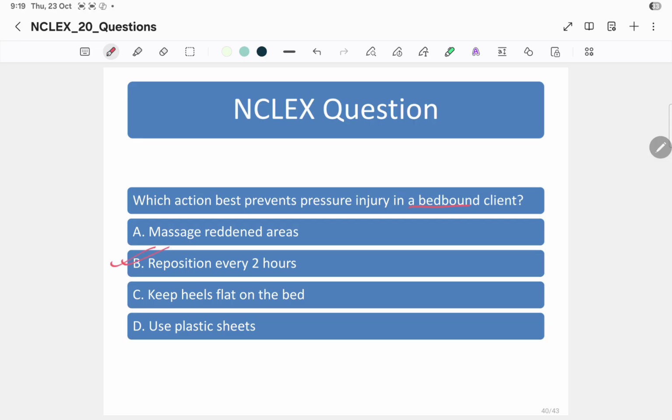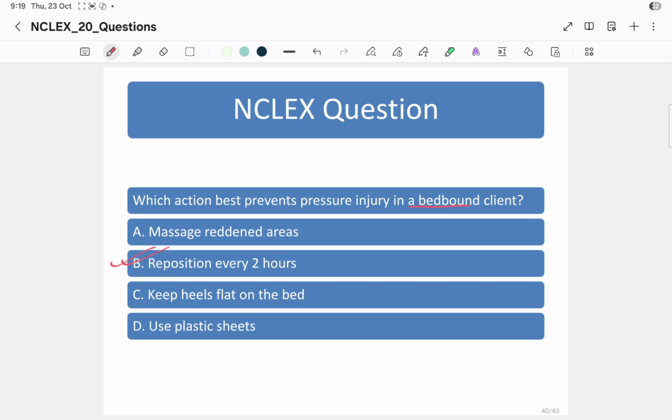So how does this bed sore occur? When the bedridden patient is lying in the same position for a long time, on that area there will be decreased blood circulation. So when there is decreased blood circulation, there will be what?